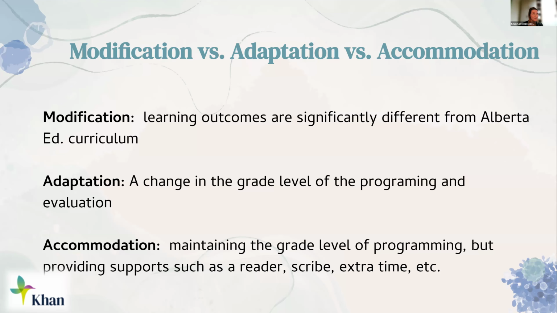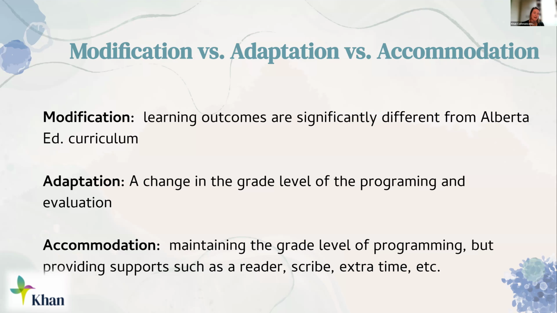Progress reports would still describe those learning goals and outcomes that they achieved, but it wouldn't be with respect to, say, the typical grade 2 curriculum. Because in the area of modification, you would probably be doing some life skills training, or it'd be more of a life skills curriculum.